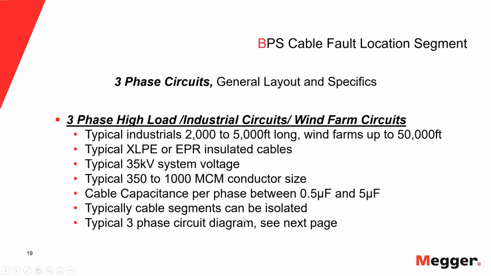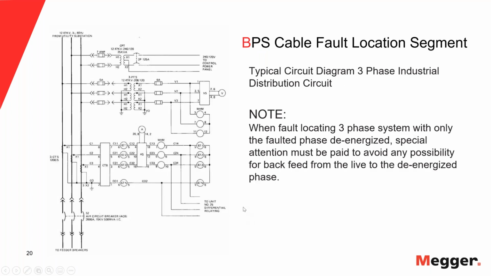On the next slide, I show you very briefly a circuit diagram of a three-phase. You see here the three-phase on the left side, and then you see branching off the three-phase, some single-phase, and so on. But the important thing is that these can be isolated. There is either switchgear or something typically involved, so it can all be isolated, and that is very, very important.